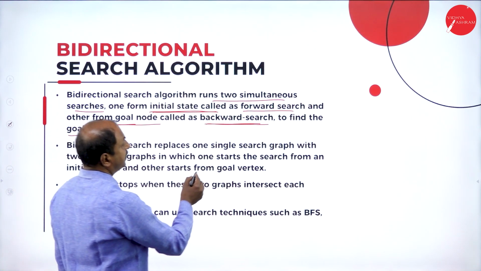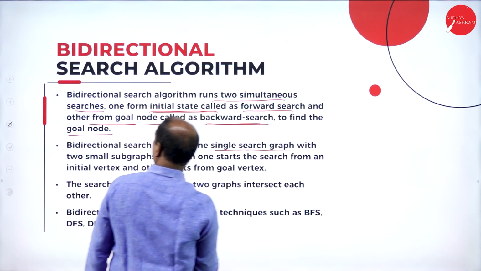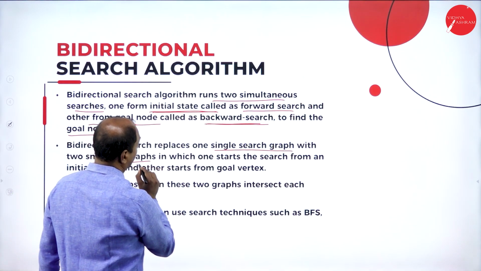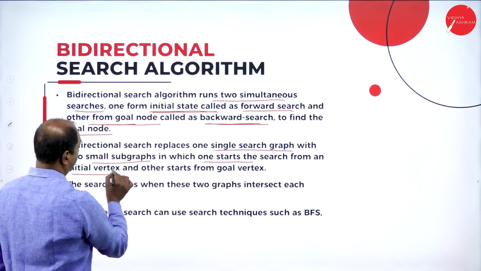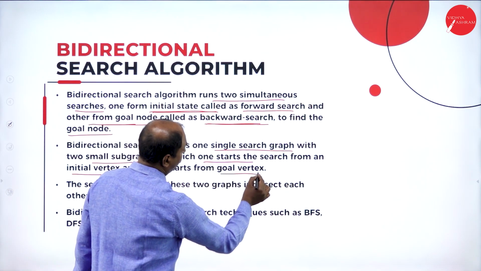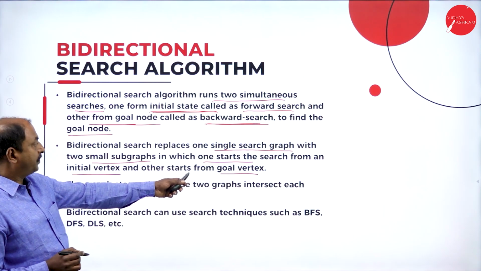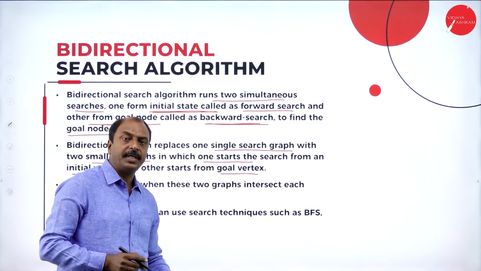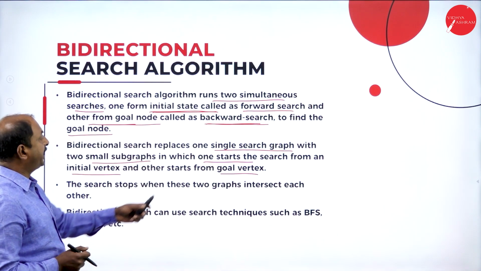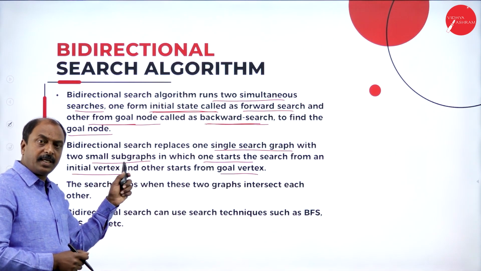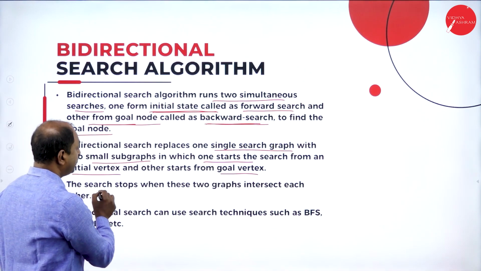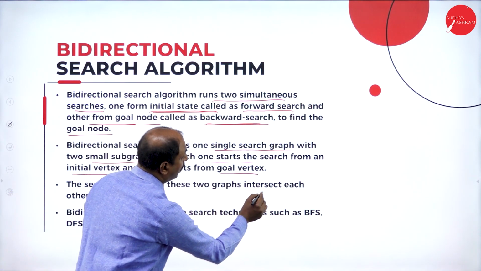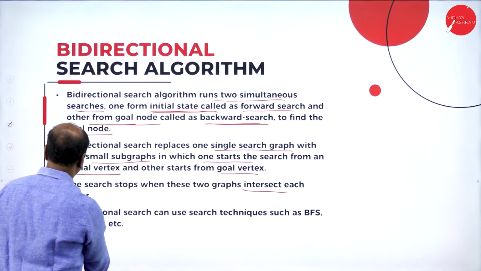It replaces one single search graph with two small subgraphs, in which one starts the search from the initial vertex and the other from the goal vertex. Because of this, the entire graph is divided into two subgraphs, one starting from the beginning and the other from the goal vertex. The search stops when these two graphs intersect each other.